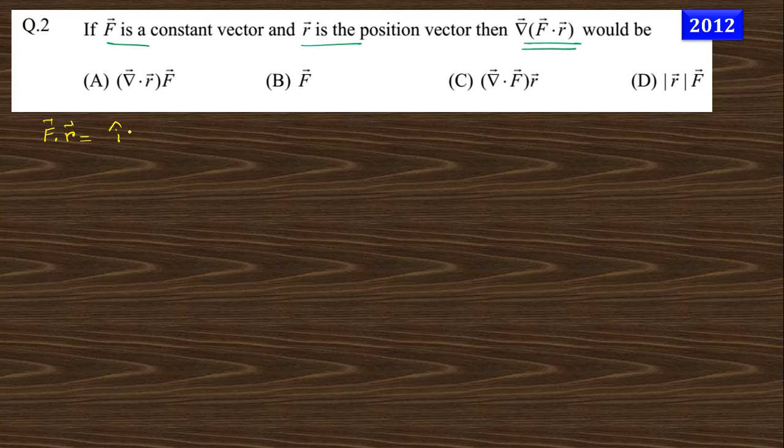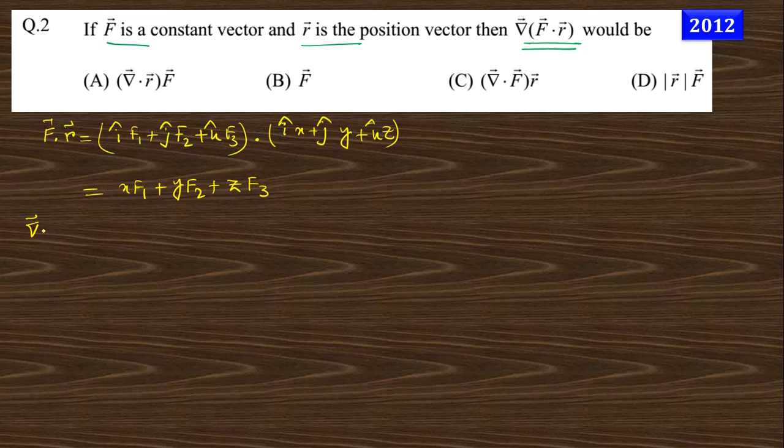Take f as i cap f1, j cap f2, k cap f3 dot i cap x, j cap y and k cap z. So this will be x f1 plus y f2 plus z f3.